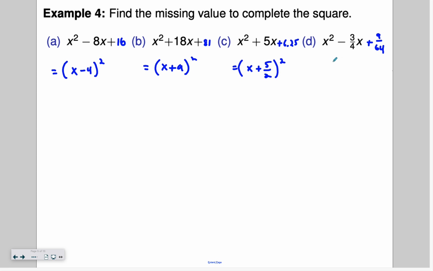And then right here, this would be x minus 3 over 8 squared. So I just did 0.75 divided by 2, or 3 over 4 divided by 2, which is the same as 3 over 4 times 1 over 2, which is 3 over 8.